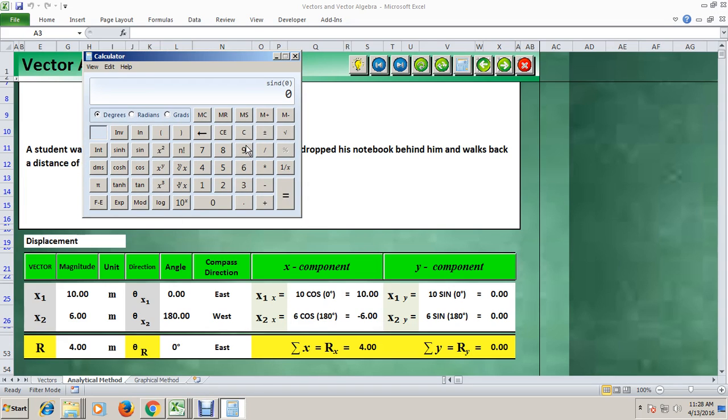If you verify that using the scientific calculator, you have cosine 180 degrees.